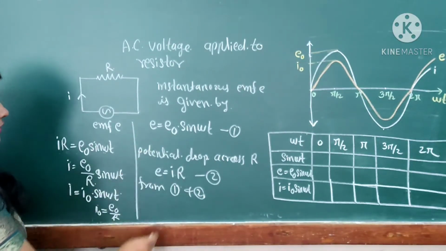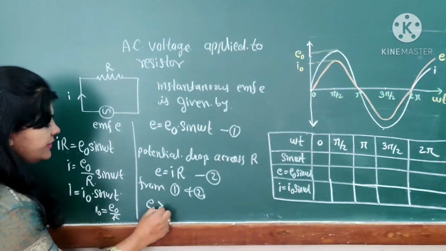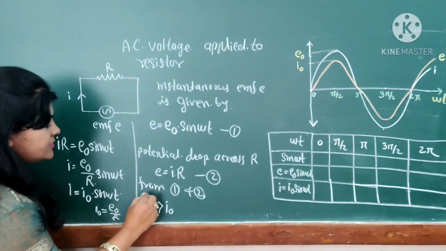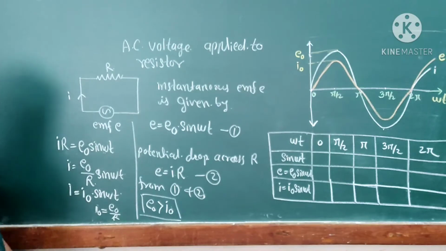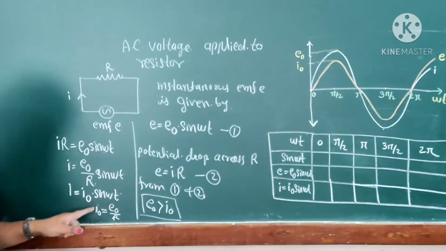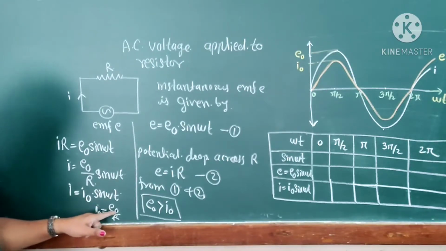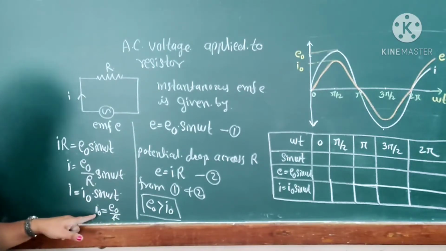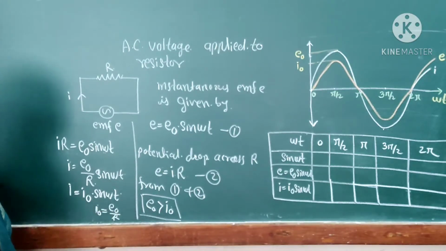Means E naught is greater than I naught. These are the important values and equations. E naught is greater than I naught, because E naught upon R is equal to I naught, and that's why the I naught value decreases.